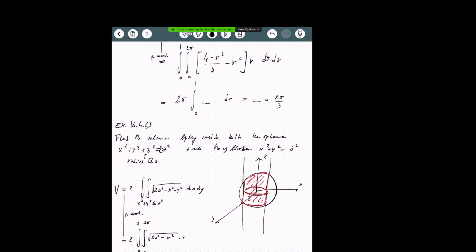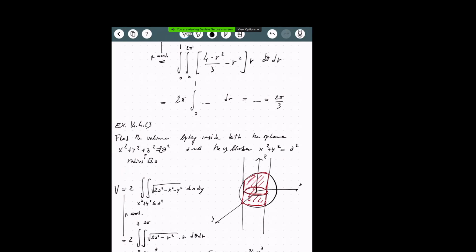We are lucky because the Jacobian saves us, d theta dr. So this is equal to 4 pi times the integral between 0 and a of this function in dr. And this is 4 pi times minus 1 divided by 3 times 2a squared minus r squared to the power of 3 halves, between a and 0.